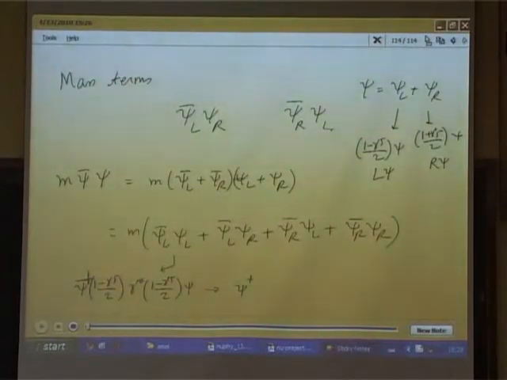When this gamma_0 passes through gamma_5, it gets a negative sign. So this becomes psi bar times (1 plus gamma_5)/2, times (1 minus gamma_5)/2 times psi.